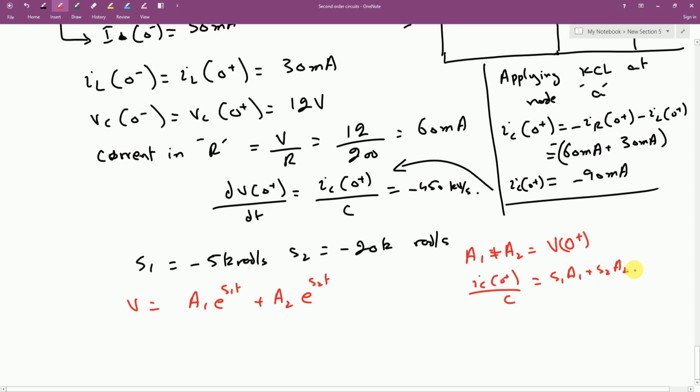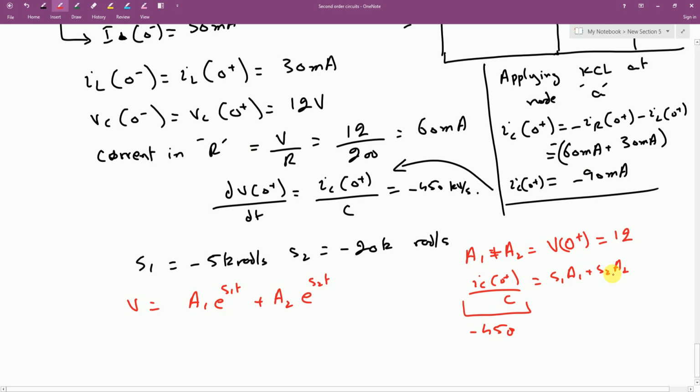Based on these two equations, V0 positive is equal to 12 volt, S1 is known, S2 is known, and this whole side is equal to minus 450. So we have two unknowns and two equations.